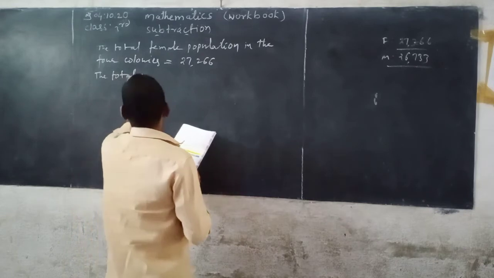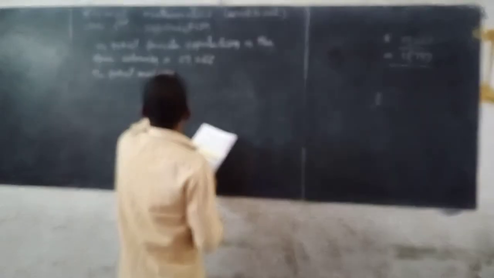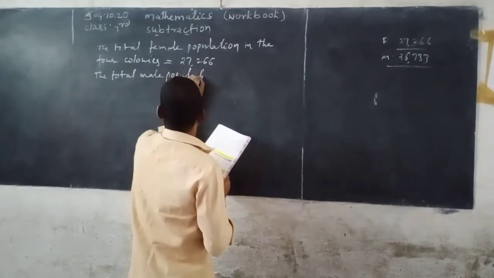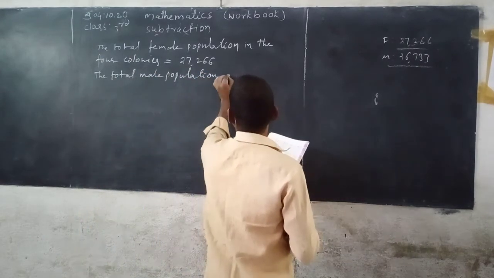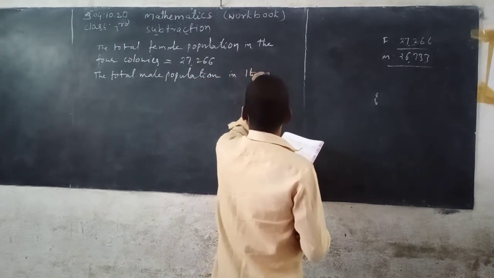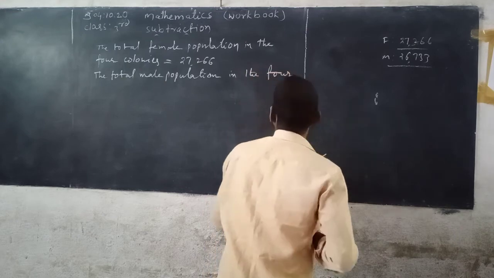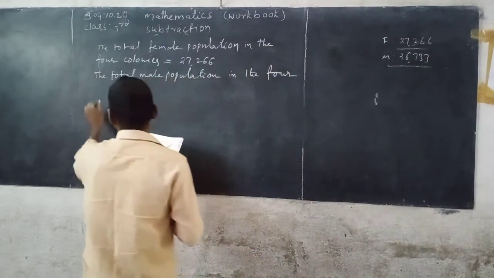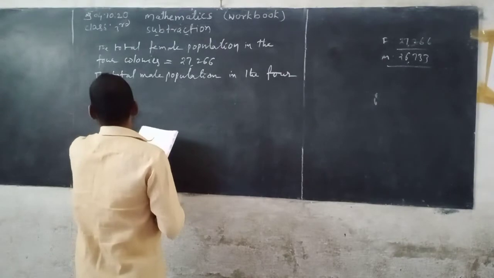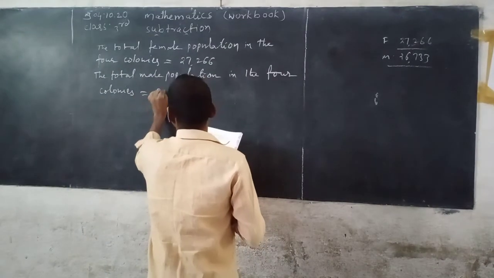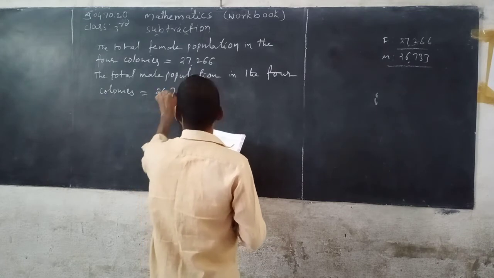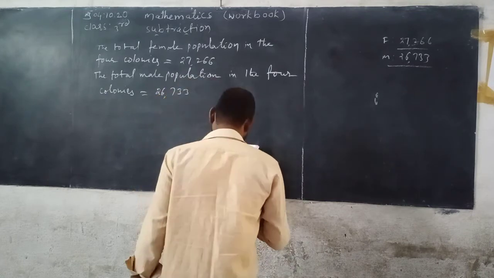The total male population in the 4 colonies is 26,733.